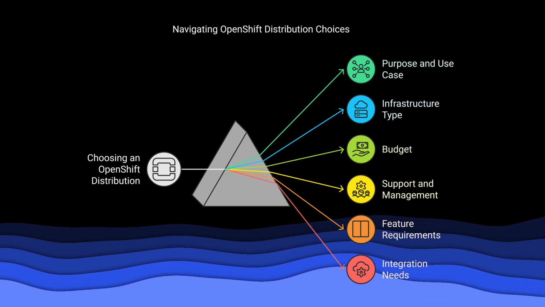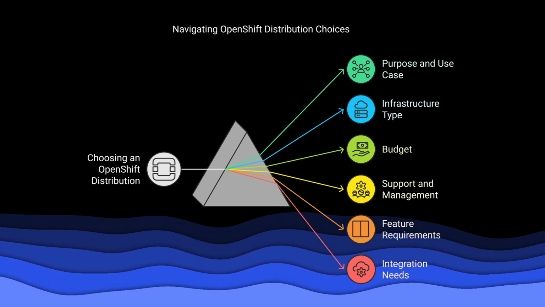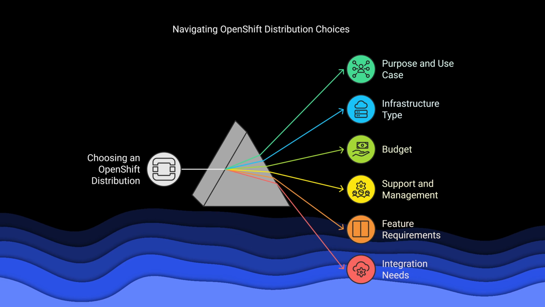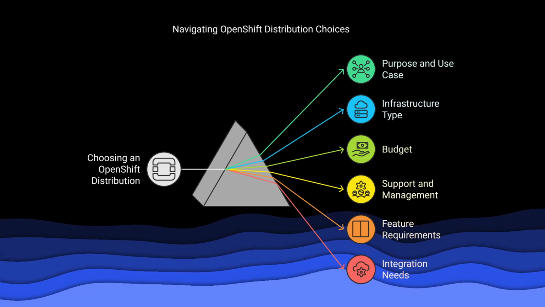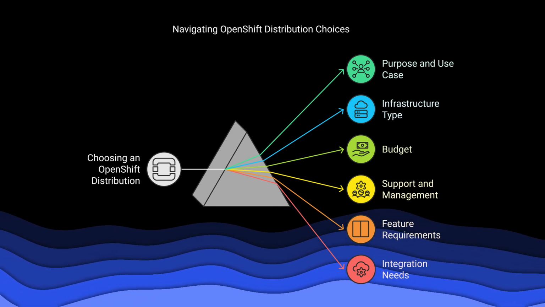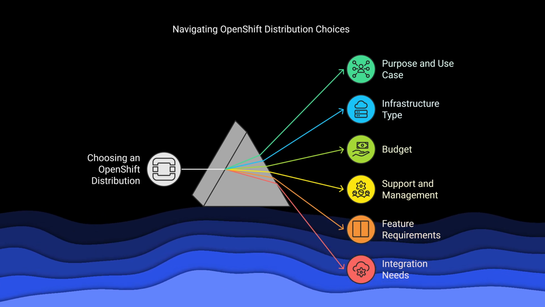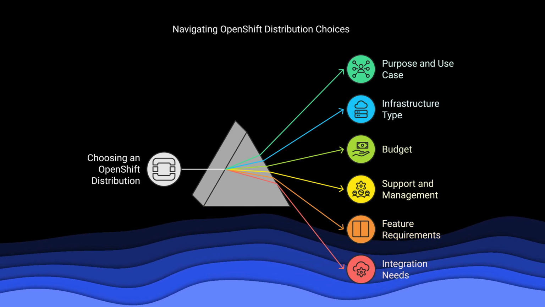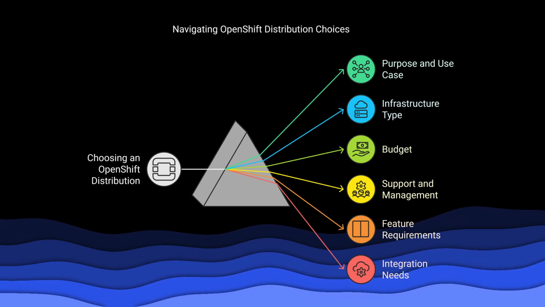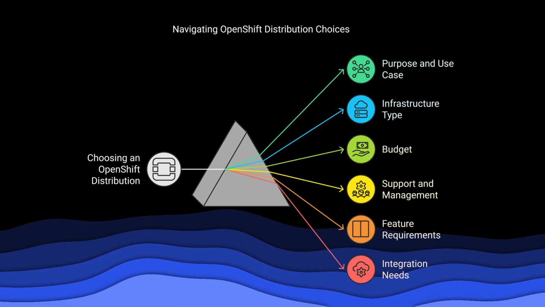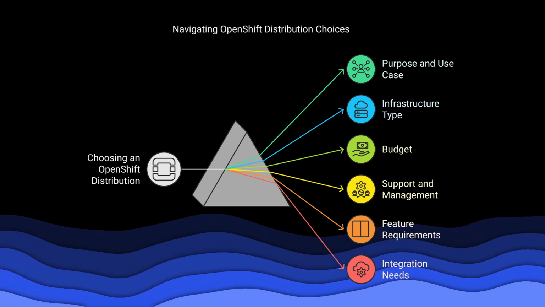If you're learning, OKD is your playground. It's free, it's open source, it's perfect for experimentation. But if you're running a business where any downtime equals lost revenue, you're probably going to lean more towards the enterprise options where you have those guaranteed SLAs and dedicated support.